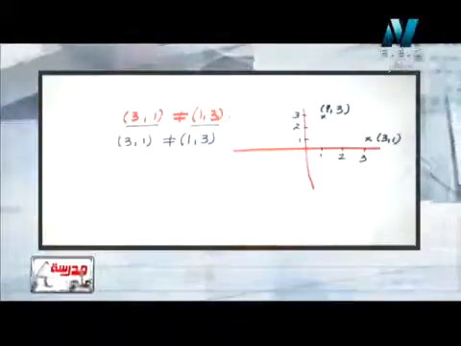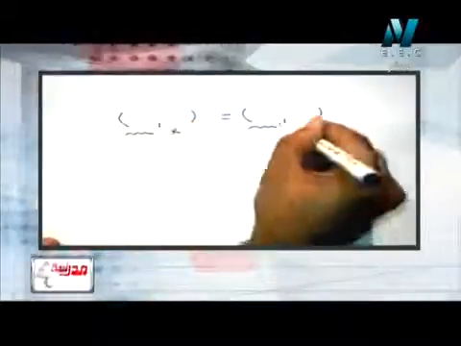The question now: when are two ordered pairs equal? If I have two ordered pairs, when can I say they are equal? Simply, if the first number here equals the first number here, and the second number equals the second number.